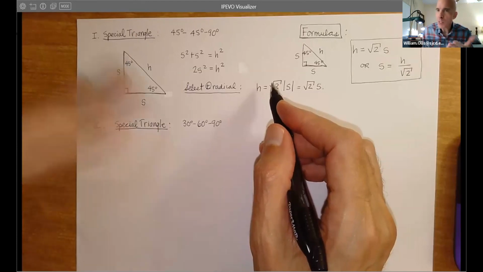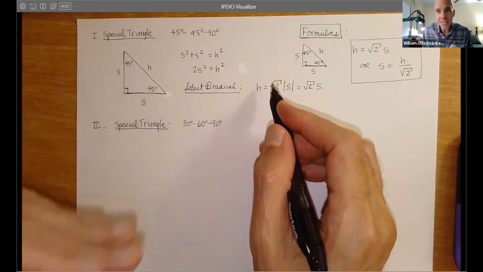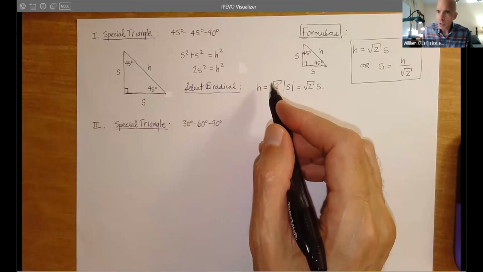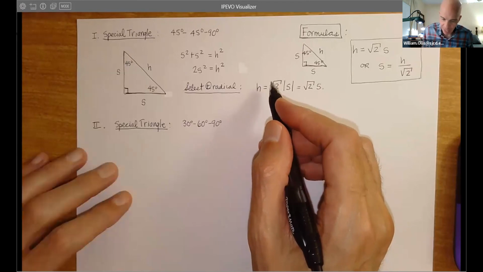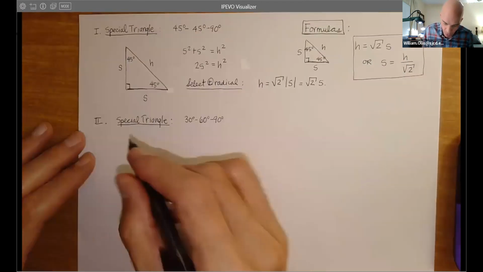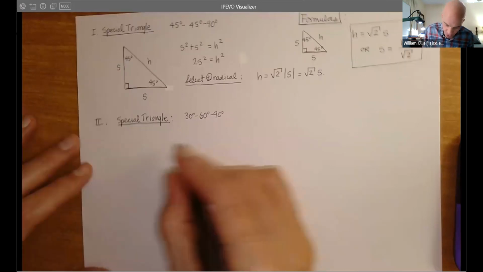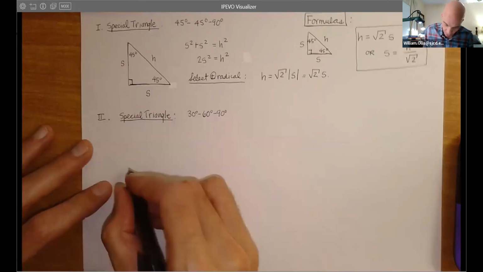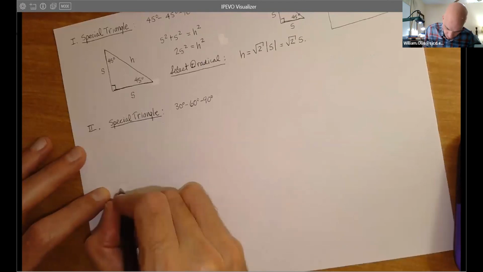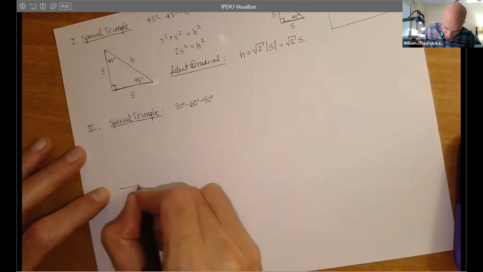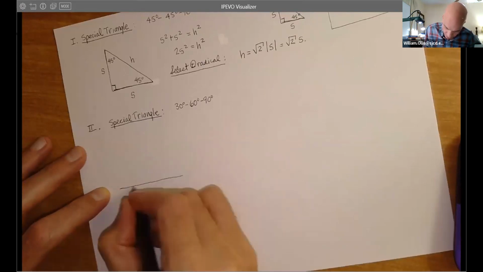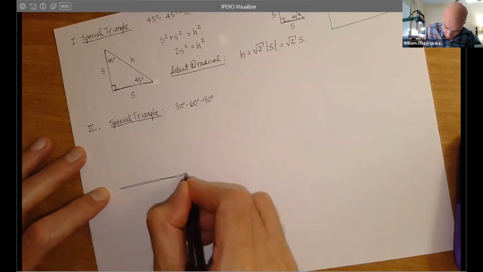So these special triangles are just built into the unit circle. They're already there. We're just making light of them. So in this case we'll be a little bit more clever. Let's start with an equilateral triangle, and then we'll change up the formulas, or the way we designate things, if we need to.